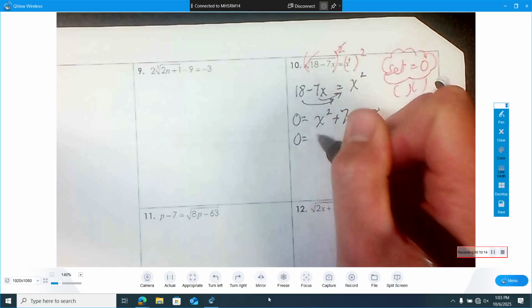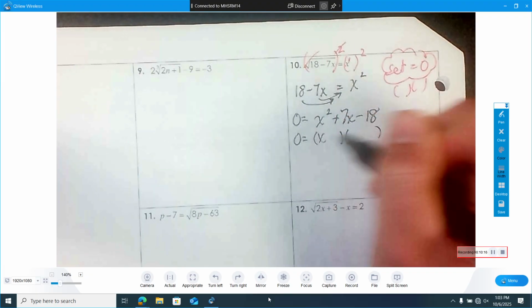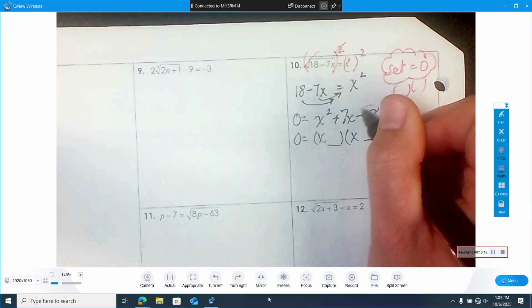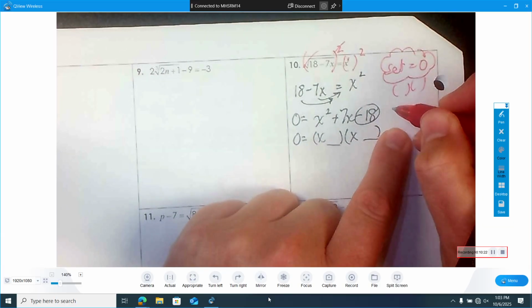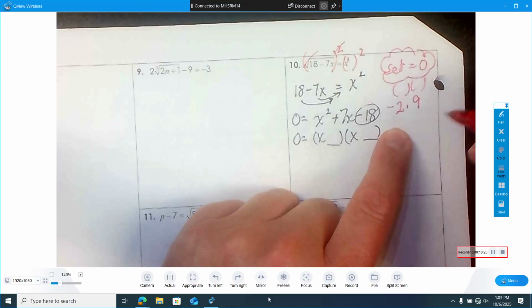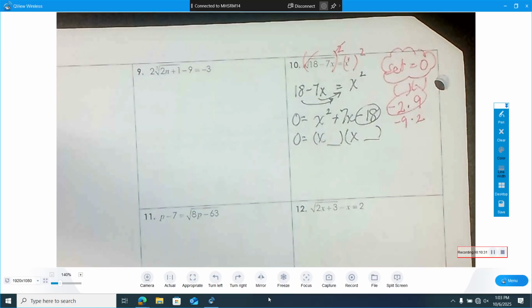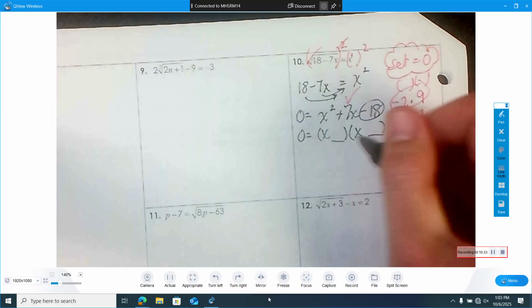I'm going to go ahead and double bubble. X times x is x squared. What times what is negative 18? Negative 2 and positive 9, or negative 9 and positive 2 are good choices. And this one, the negative 2 and the positive 9, give us our middle term there, so that's perfect.